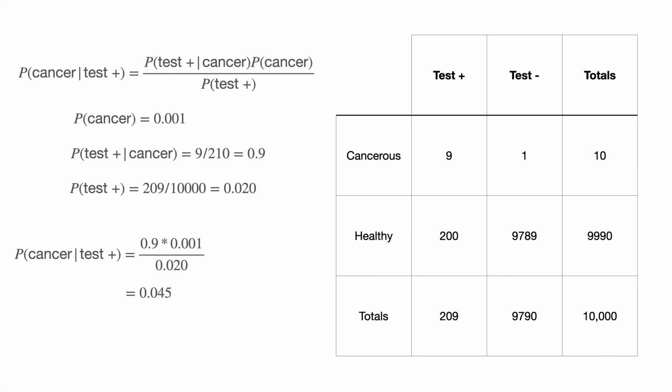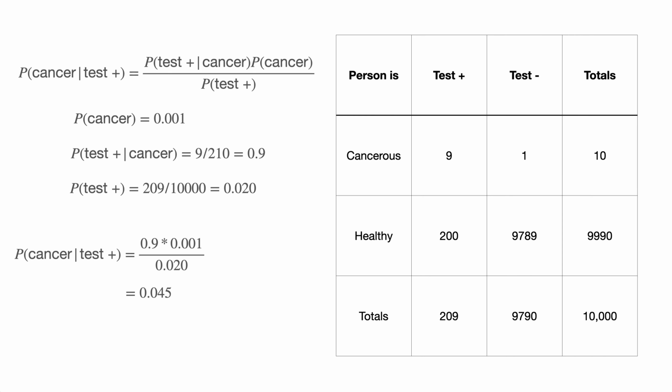And it turns out that when we do that, 0.9 times 0.001 divided by 0.020, the answer falls out to: given that I have tested positive, given that I'm in this column, I have less than a 5% chance of actually being cancerous. In fact, with this test, most of the people that get told they are cancerous are actually healthy people.